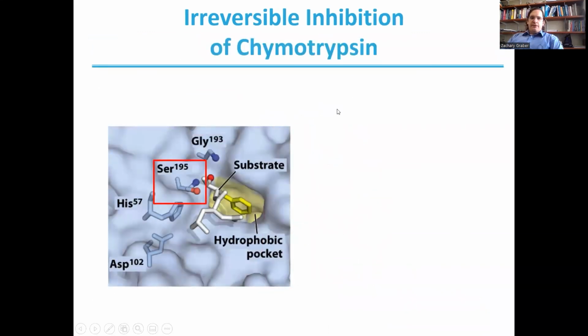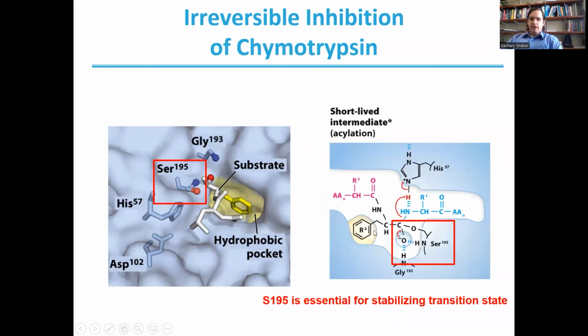Now, if we look at the active site of our chymotrypsin, normally our serine here is helping to interact with our substrate and stabilize it within our enzyme. It's also actually involved in our mechanism where our serine hydrogen bonds to our transition state and helps to stabilize this negatively charged oxygen. So our serine is essential for stabilizing our transition state and allowing our reaction to proceed at a faster rate.